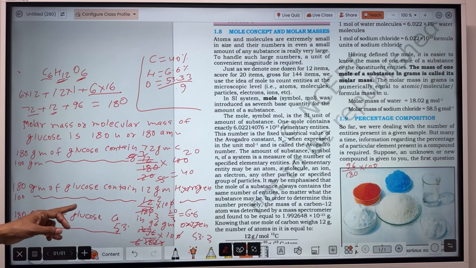Hydrogen, how much was there? Okay, 72 upon 180 into 100, that is 6.66%.